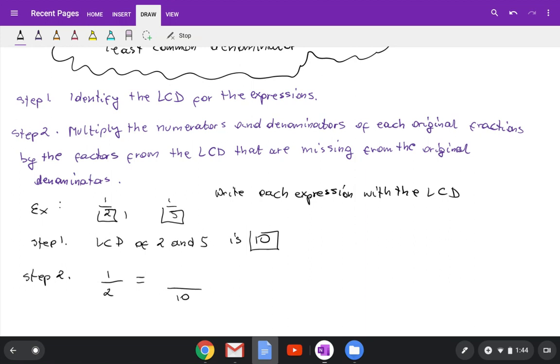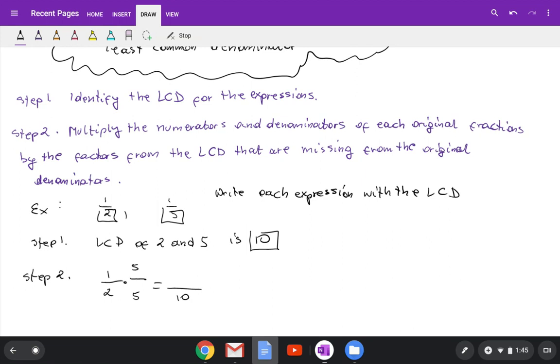How can I convert this fraction? I need to multiply the numerator and denominator of my original fraction by 5.